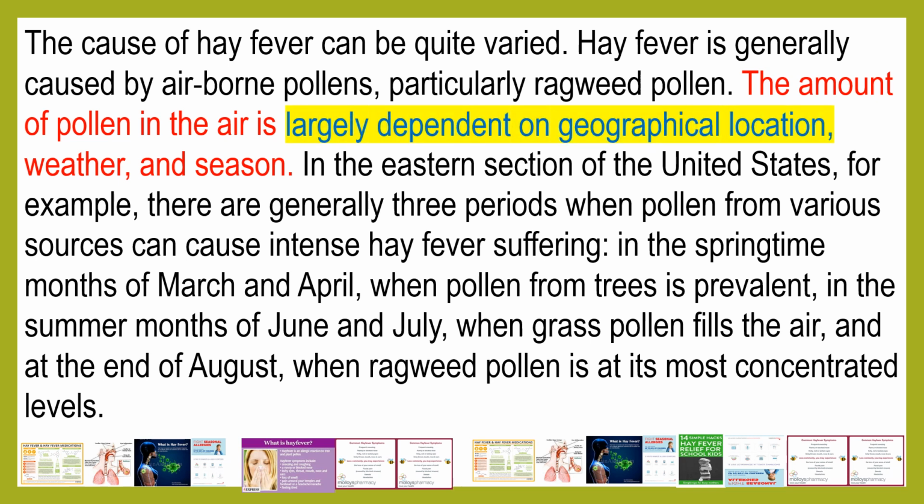Ini artinya bahwa lokasi geografis yang berbeda, atau cuaca yang berbeda, atau musim yang berbeda, maka kandungan serbuk sari di udara juga berbeda. So, it is very clear that the amount of pollen in the air in one certain area is different from the one in the other areas. Let's be back to question number 4.